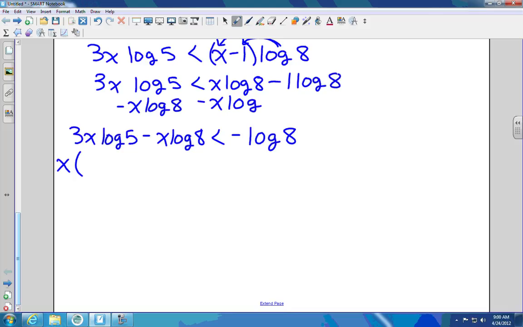So 3x over x would be, we're dividing the x out. We have x over x. What's going to happen? Cancel. So we have 3 log 5 minus log 8. Again, you're taking that x out as well.